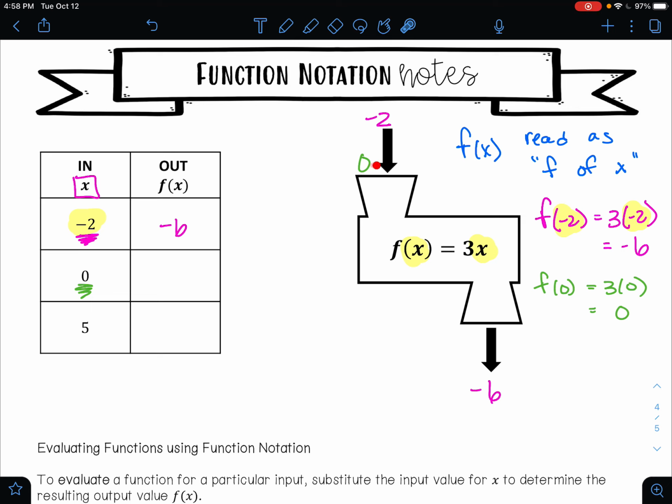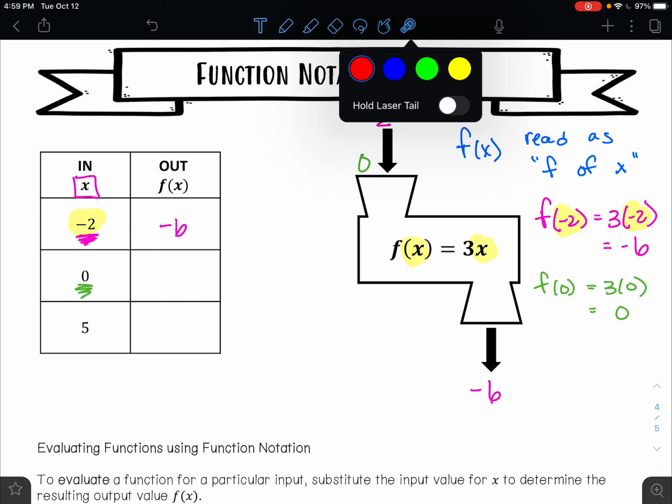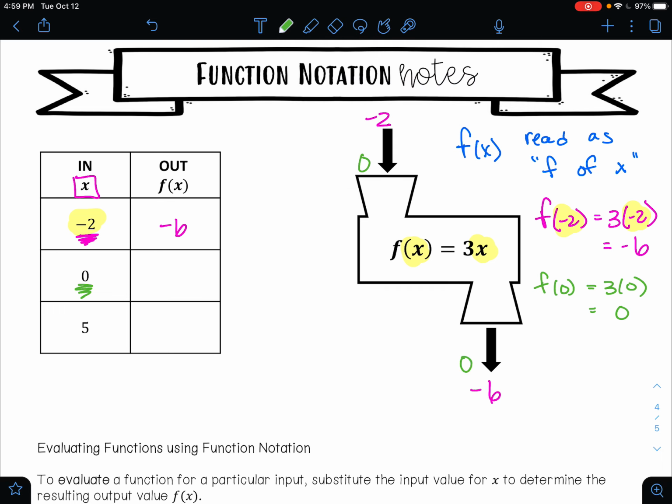So when you plug 0 into the machine, 0 comes out. Let's see what happens when we plug 5 into the machine. So every time I see an x in f of x, I'm going to replace it with a 5. 3 times 5 is 15. So when 5 goes into the machine, 15 comes out.